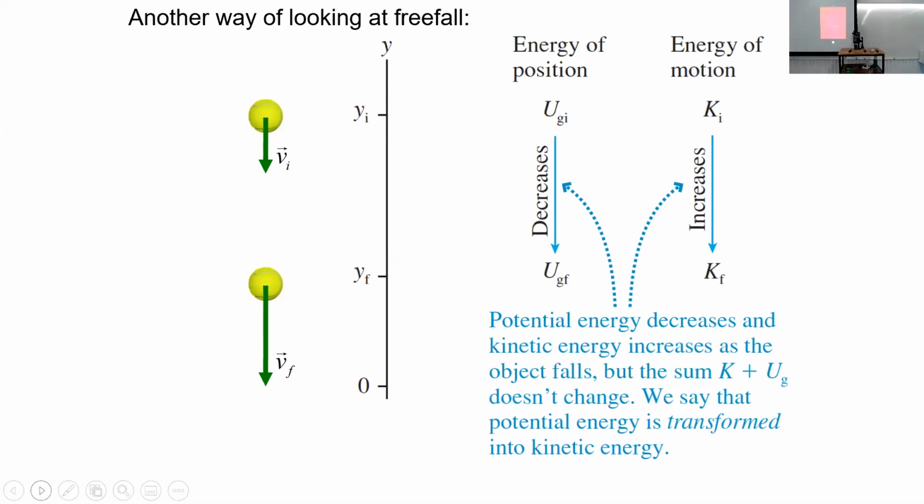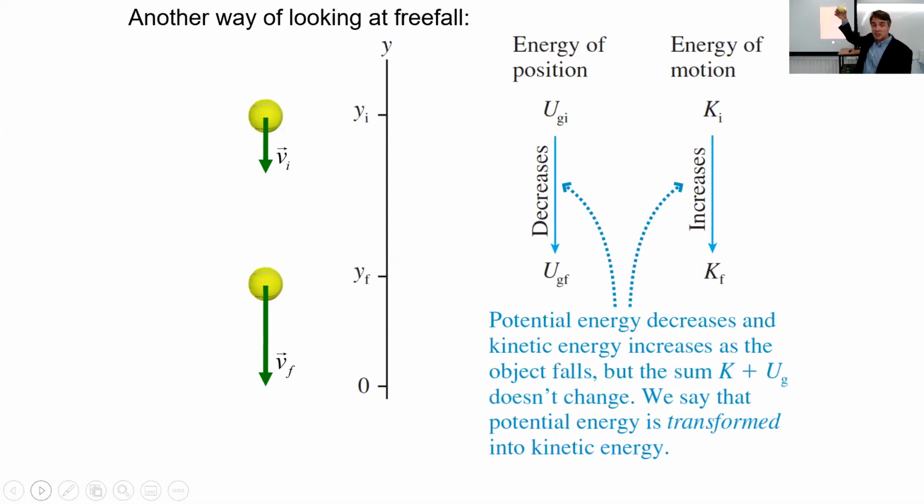So this gives us a whole other way of looking at free fall. If I take my tennis ball and drop it, the old way of looking at it is, well, there's a force acting, mg, and that's the net force. So there's an acceleration, which is the net force divided by the mass, and all that stuff. Now we've got a whole other way: here we have a tennis ball up here.